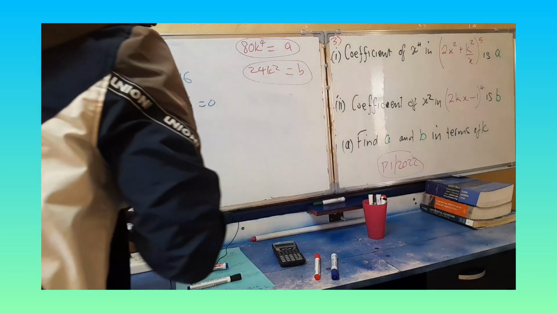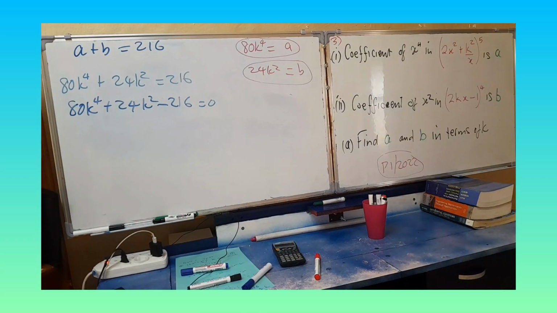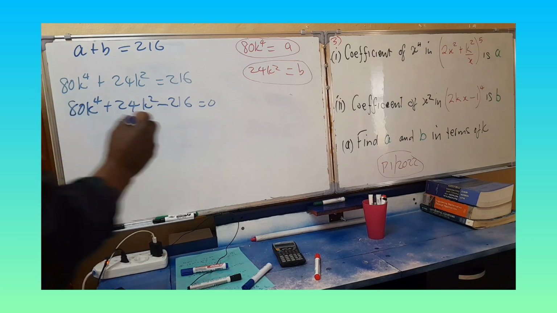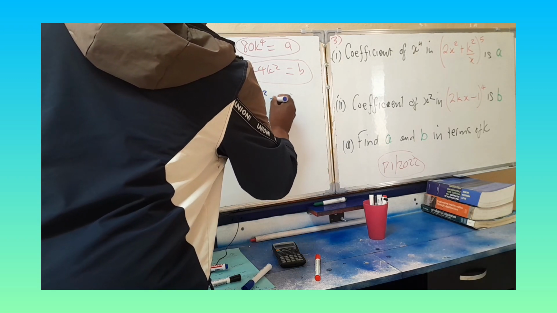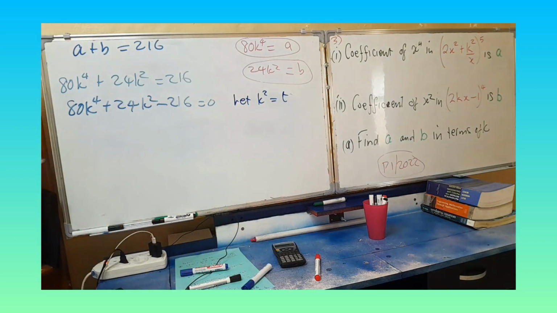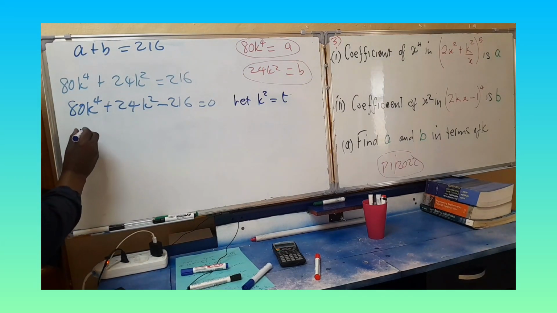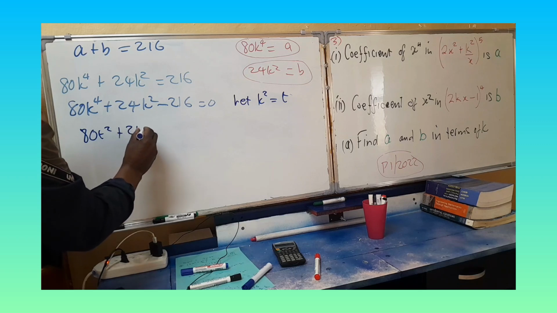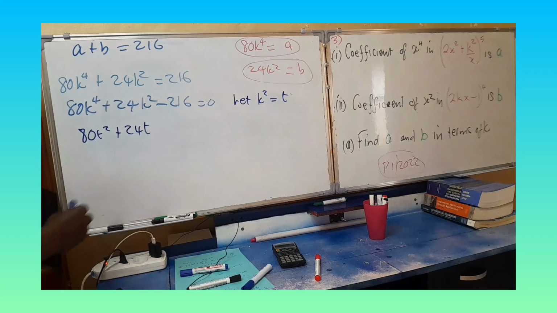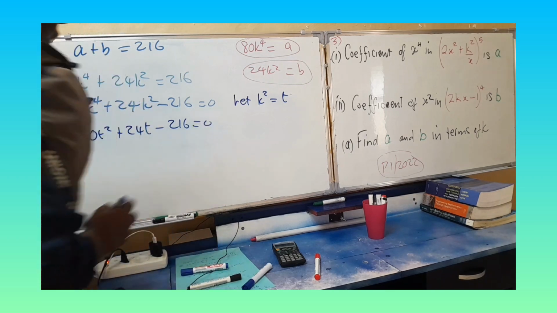Let's convert this to a quadratic equation, because this is an equation in k to the power 4. So let k squared equal to t. If k squared is equal to t, this becomes 80t squared plus 24t minus 216 is equal to 0.